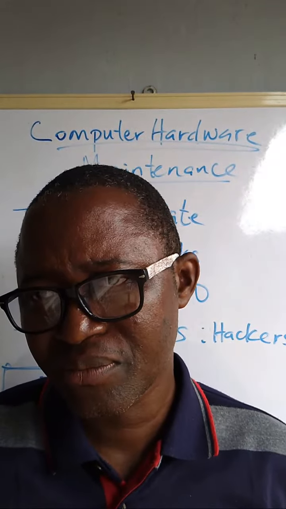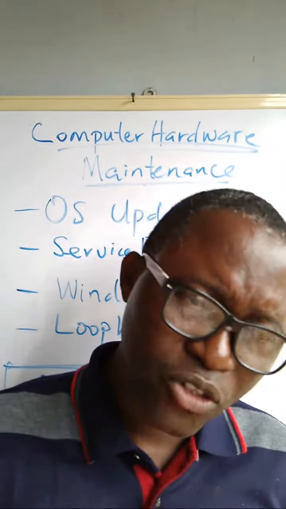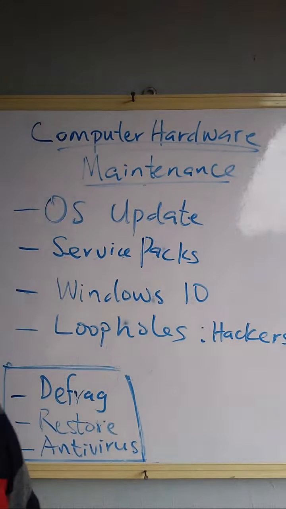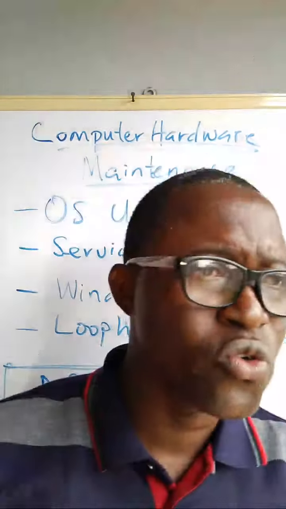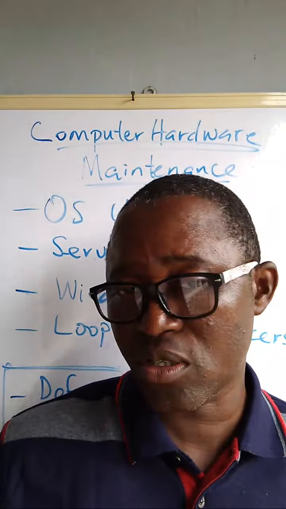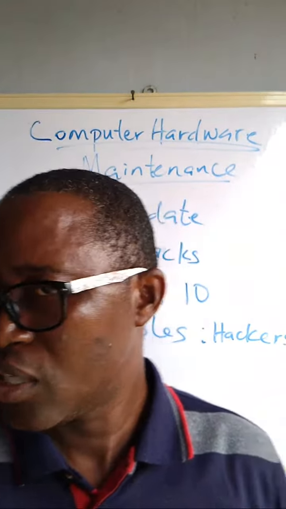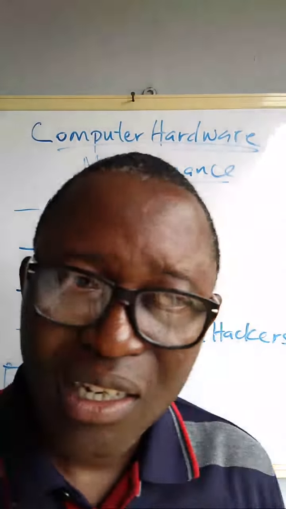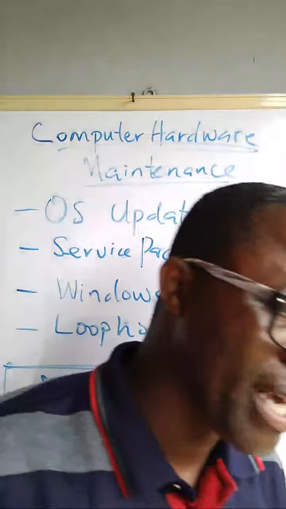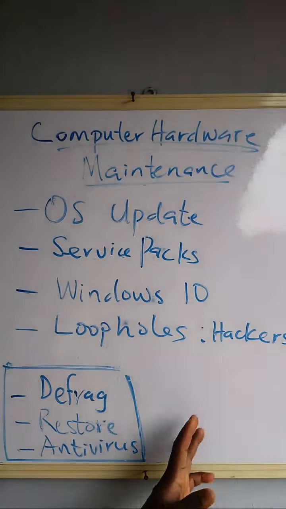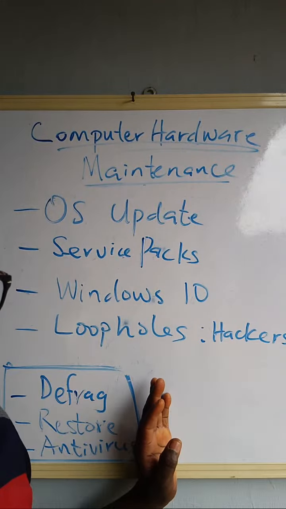All right. Now, after you have done that, you now test for system functionality. Test for system functionality. In the course of clearing these faults on the system, you might inadvertently cause another fault to the system. And that is why you need to test for system functionality.